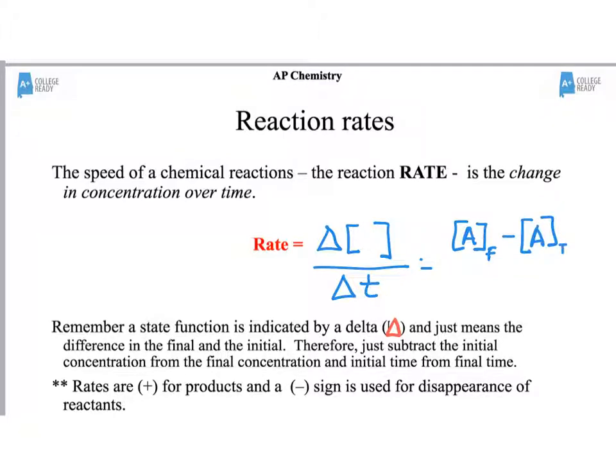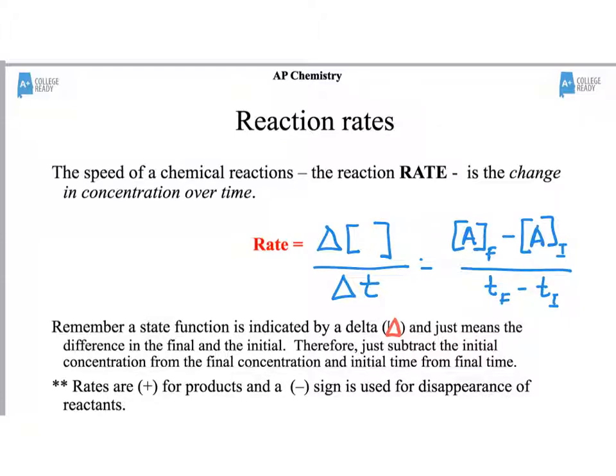And we divide that by the final time minus the initial time, or the time that we're referring to. That's going to give you your rate.